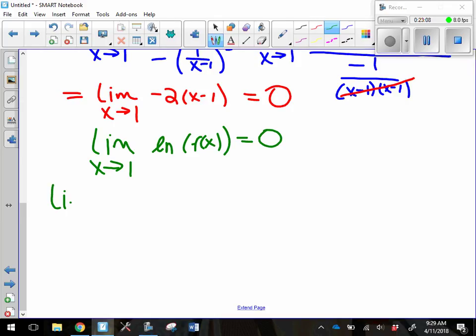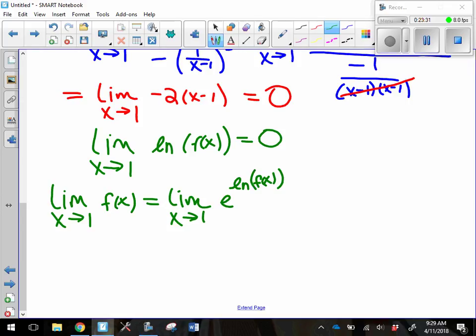So, if we want to find the limit as x goes to 1 of f of x, where f of x was that polynomial to the x minus 1, then that's equal to the limit as x goes to 1 of e to the natural log of f of x, right? Because e and natural log are what?